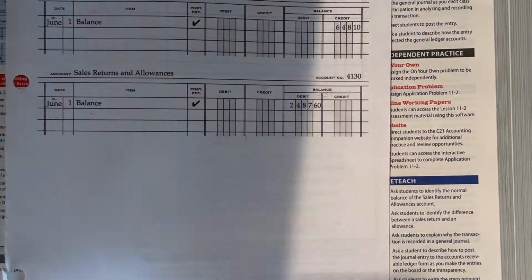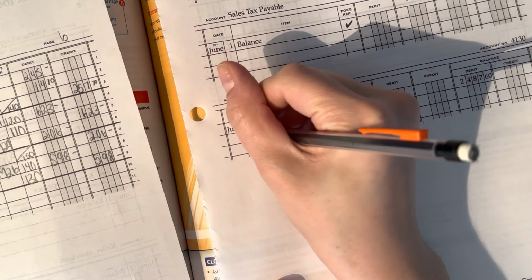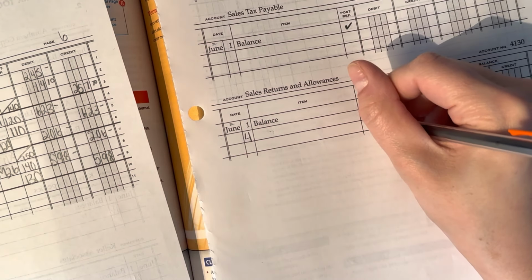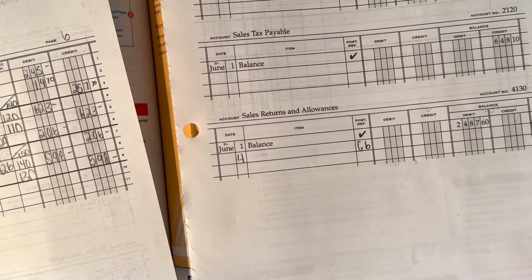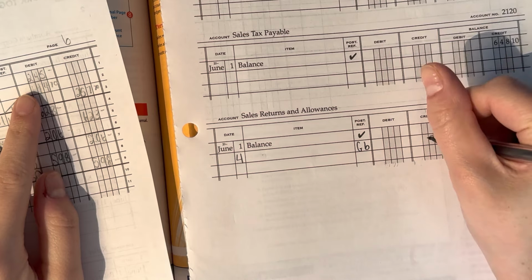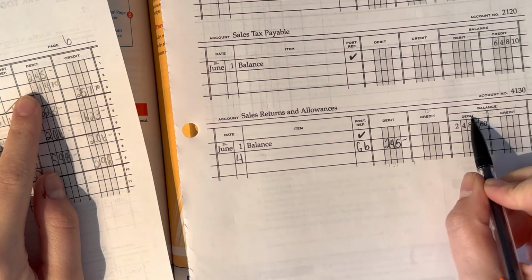So we find sales returns and allowances, and that was the 4th, and it was G6. We have a debit of $245. And a debit running balance here.